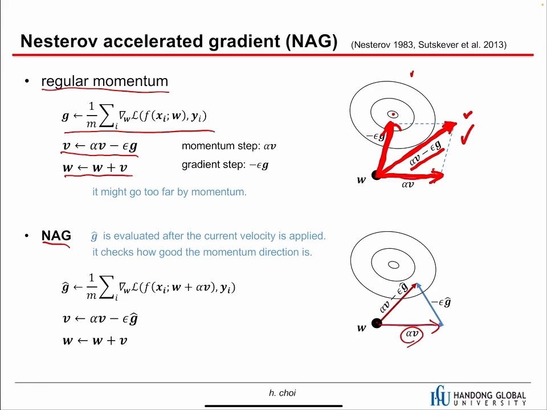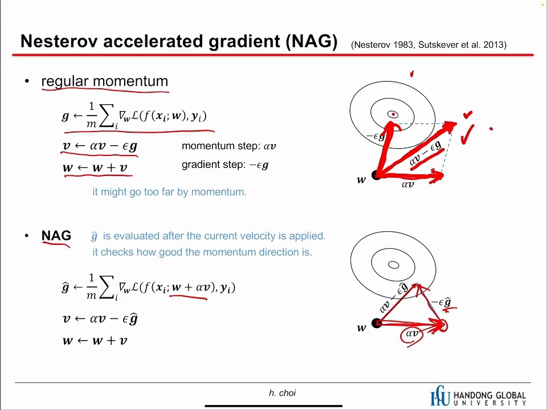So this one is not considering the momentum. But in NAG, no matter what kind of gradient we have, we will move this direction anyway. So if we move this direction, then when we calculate the gradient, let's consider this movement. When we take a derivative, we actually move to this direction first, and then calculate the gradient at that point, which means we take a derivative at this point, and the gradient will give us this direction.